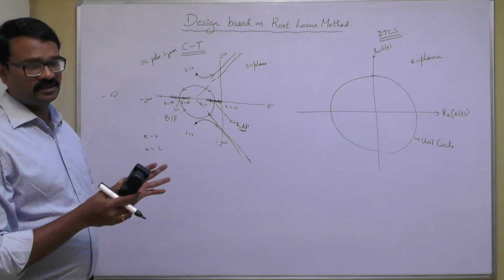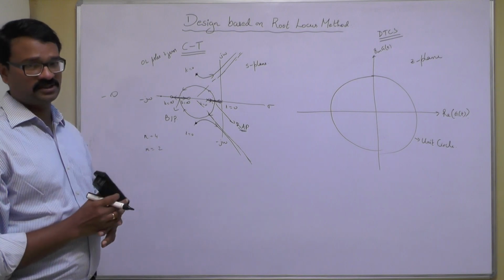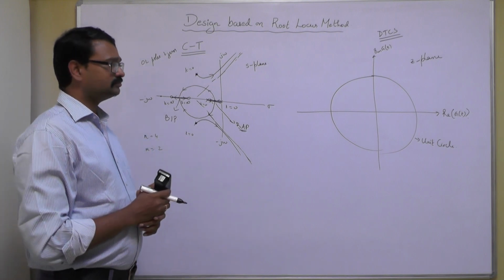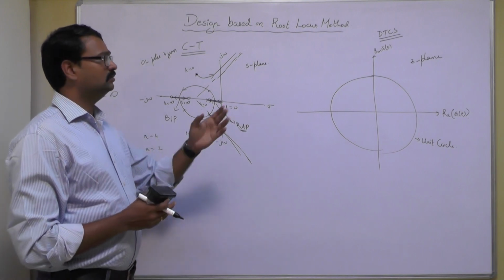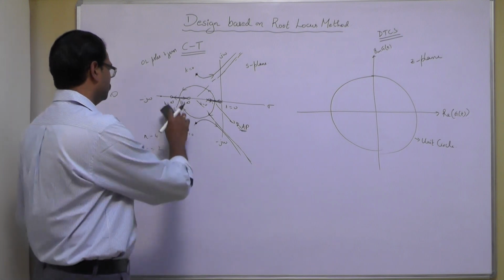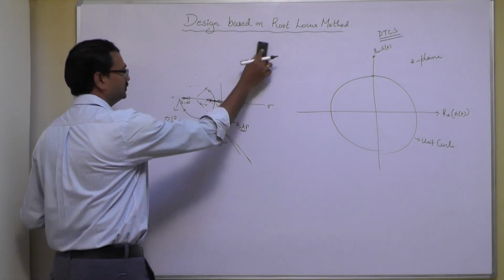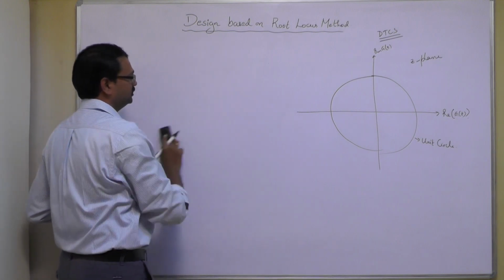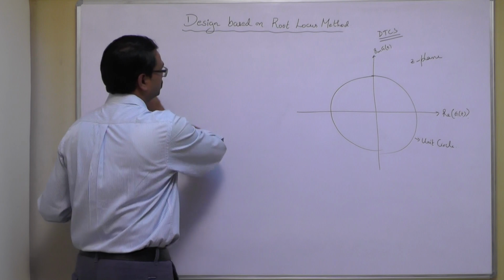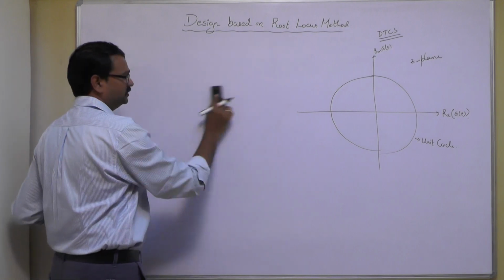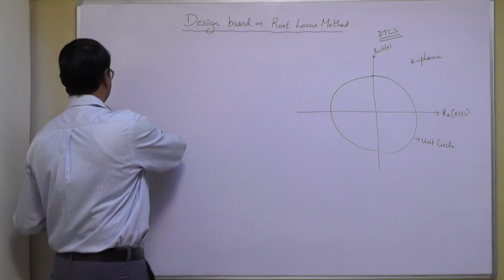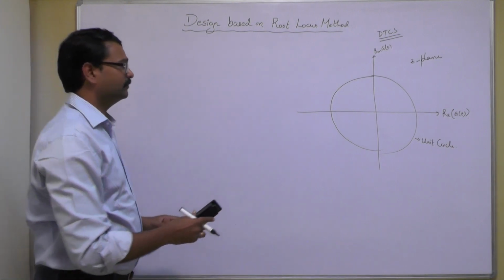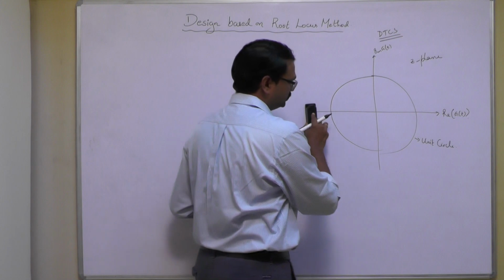Therefore, the same method that is used in continuous time systems, the root locus method, can be directly applied or extended to discrete time control systems. So let us see what is happening in this. The relative stability is being analyzed here in the Z-plane using this root locus method, based on the poles and zeros.